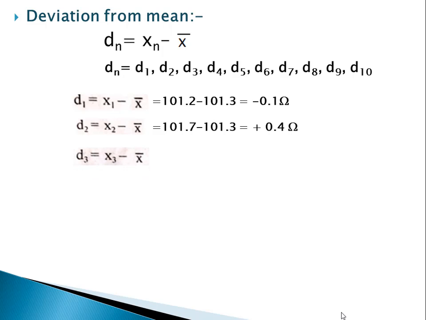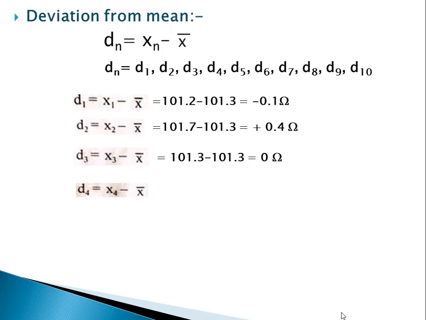Next, d3 is equal to x3 minus x bar. After substitution, d3 becomes 0 ohm, because the values of x3 and x bar are the same, 101.3.